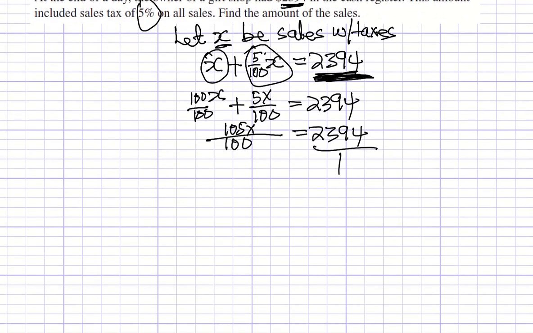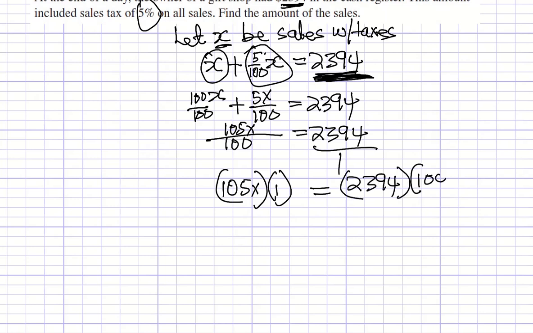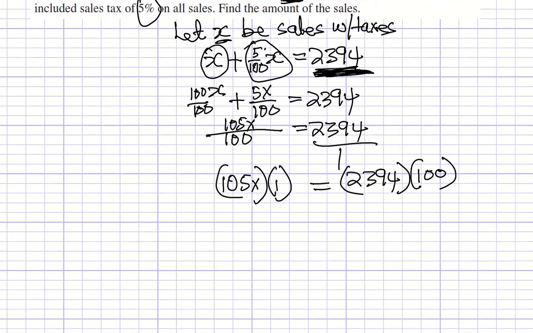Then we'll cross multiply. If you cross multiply that, then you get 105x times 1 equals 2394 times 100. Whenever you multiply with 100, all it does is add 2 zeros. So 105x equals 239400.